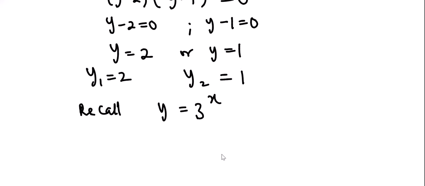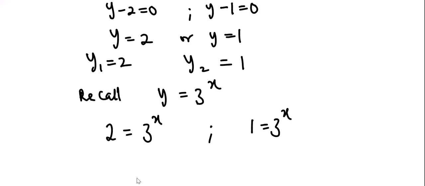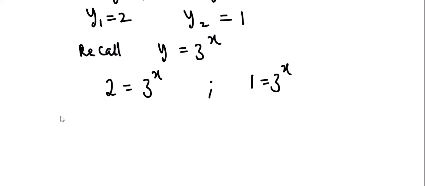Since y equals 3^x, for y1, which is 2, we have 2 equals 3^x, and for y2, we have 1 equals 3^x. Now let's solve this. For case 1, we have 2 equals 3^x.